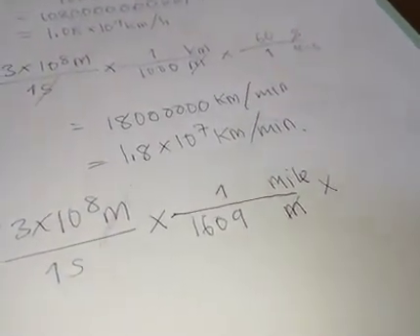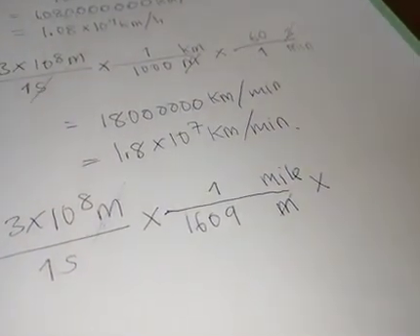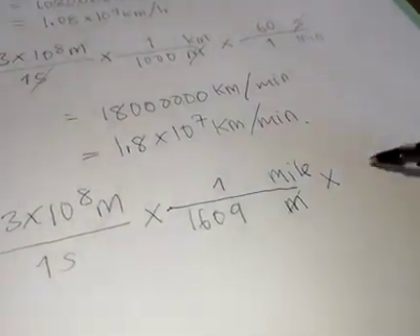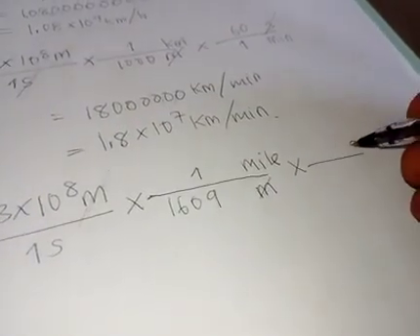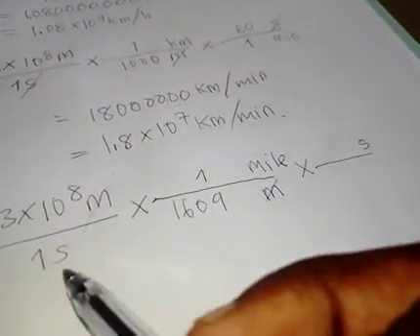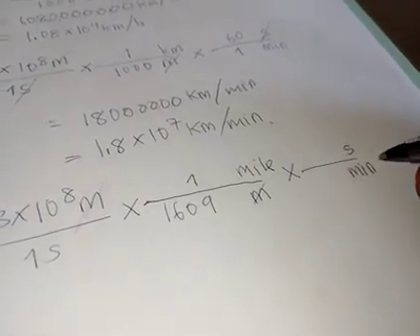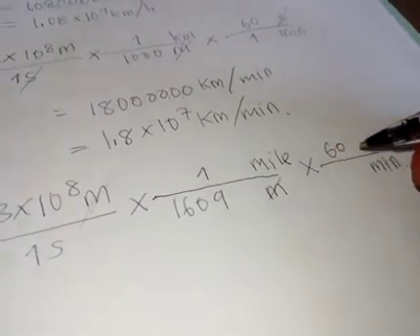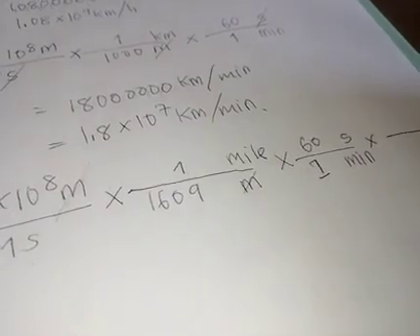Then multiply by, seconds will be converted into hours. But before that, let's convert the seconds into minutes, then hours. To get rid of the second, you should have second on top so that it can cancel with that second. Then down, we should have minute. You know that 60 seconds give us 1 minute. Then again, these minutes should be converted into what?